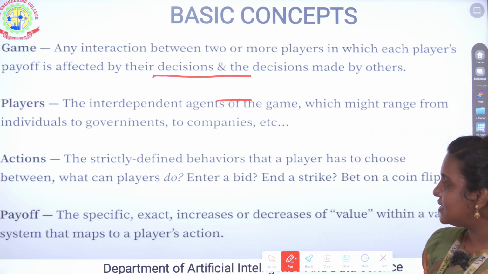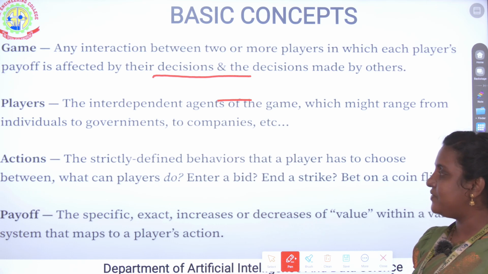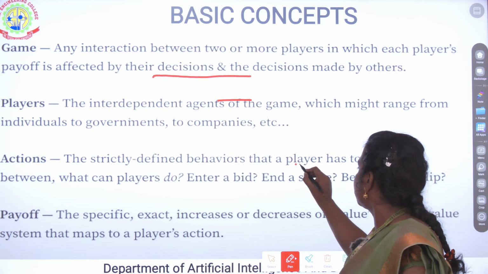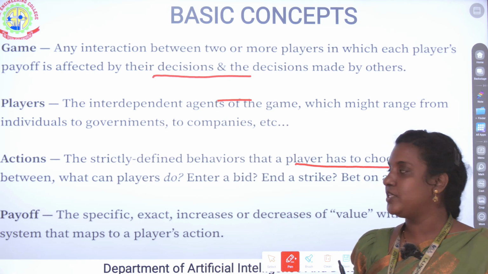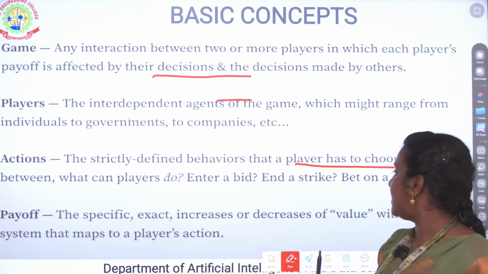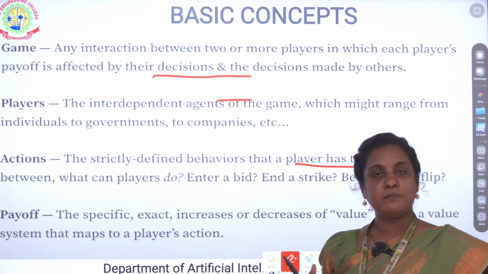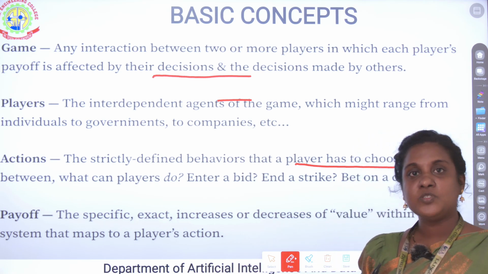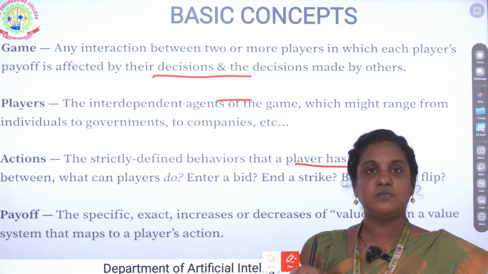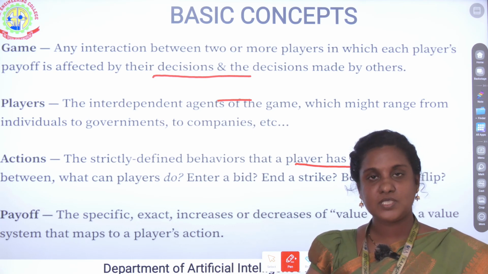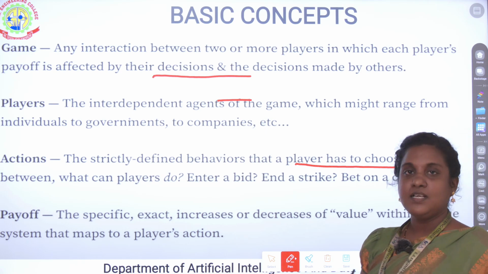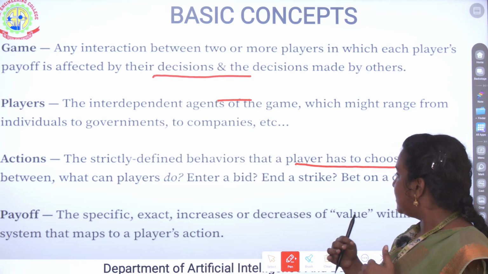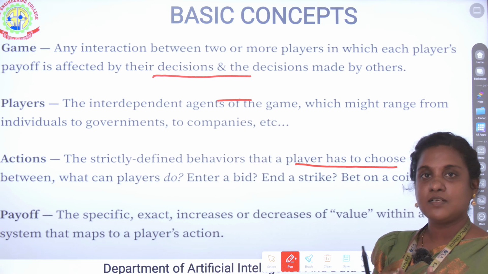Next is actions. Actions strictly define the behaviors that a player has to choose. So, what action are they going to take? For example, if it is a chessboard game, they will move the coins accordingly. Depending on how the opponent moves a coin, alternately the player should move a coin.